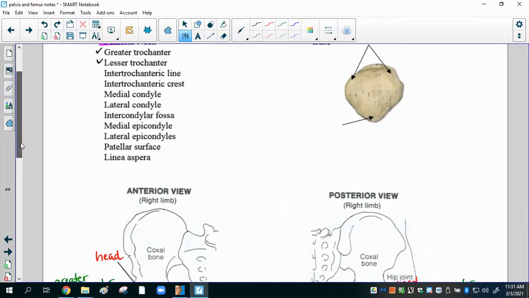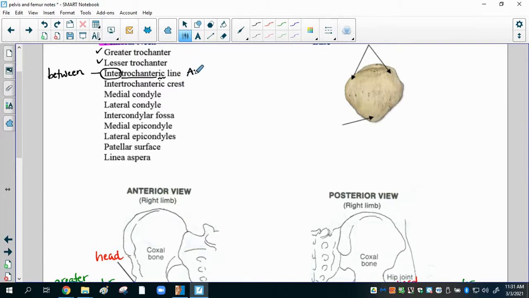So let's dissect the word. Inter, we know, will always and forever mean between. Between what, you ask? Well, here you go. Between the trochanters. Look at, we have a little bit of a different ending, so something is going to appear between the trochanters. Two different things, actually. Notice intertrochanteric. So we have a line and a crest.